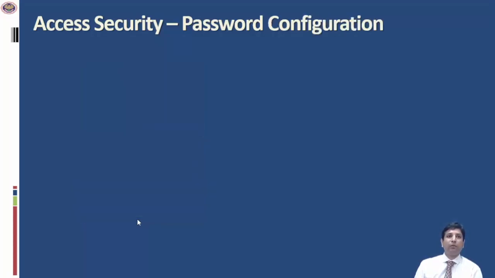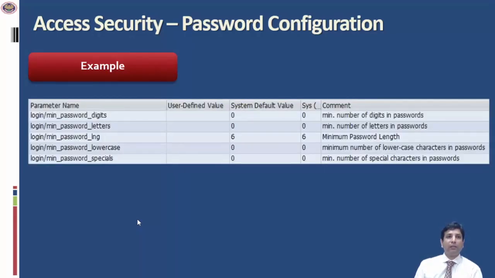First, let us take a look at the example of password configuration within an ERP. So this is a live example from an ERP system. So here we can see the various parameters that are provided by the ERP vendor so that passwords can be configured to be secure. Here we can see the configuration provides the option to set up password digits.